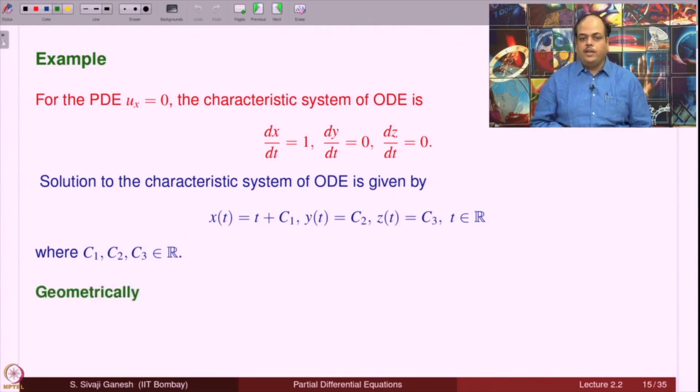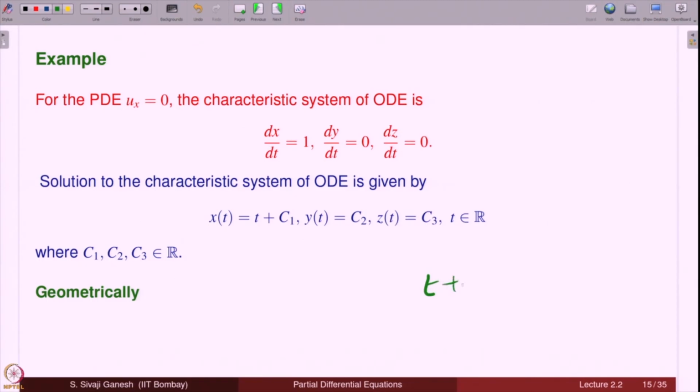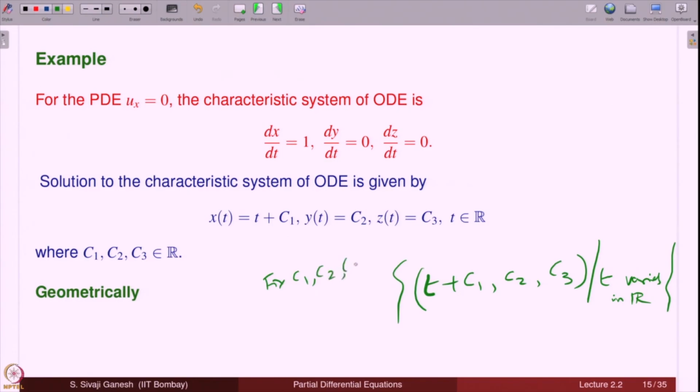Now, what is it geometrically? What we have to look at is this 3-tuple (t plus C1, C2, C3) as t varies in R, t belongs to R. This is what we have to look at. Of course, to write down this, fix C1, C2, C3 and look at this.